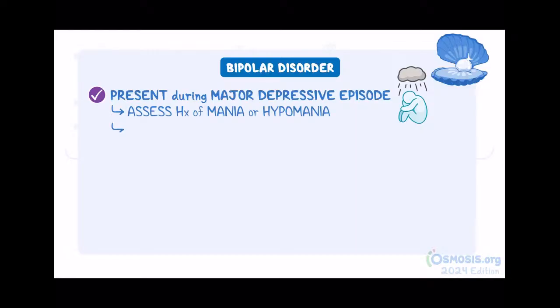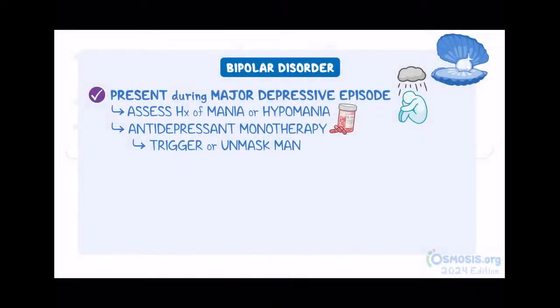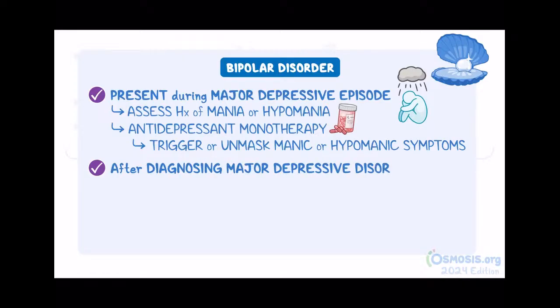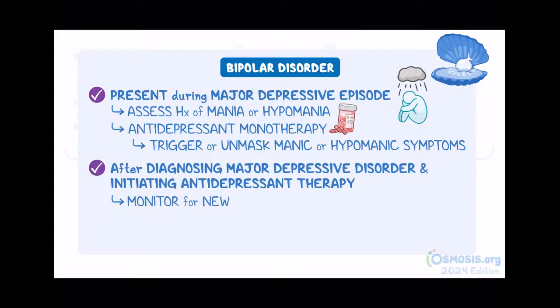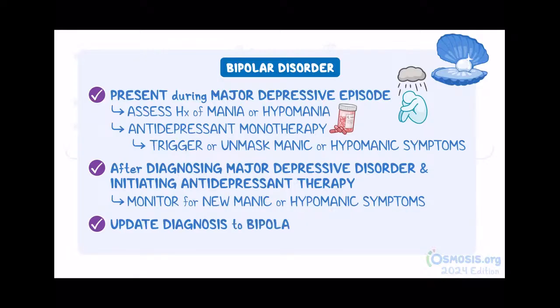This is important because starting antidepressant monotherapy might trigger or unmask manic or hypomanic symptoms. Additionally, after diagnosing major depressive disorder and initiating antidepressant therapy, monitor the patient for new manic or hypomanic symptoms and, if needed, update their diagnosis to bipolar I or bipolar II disorder.